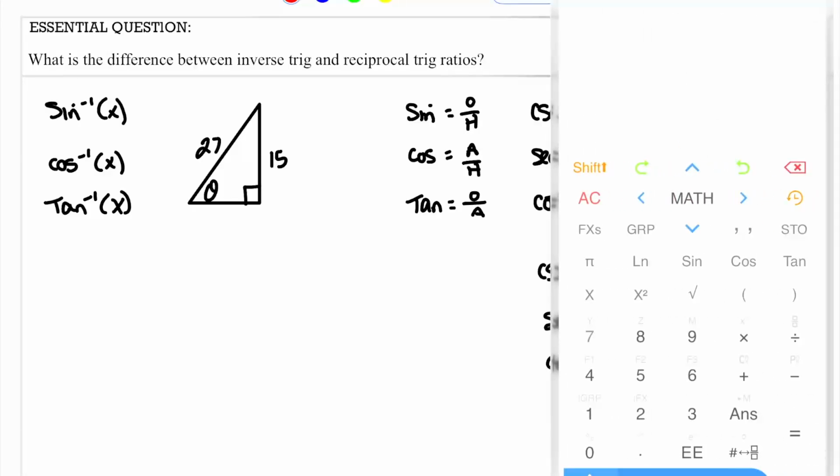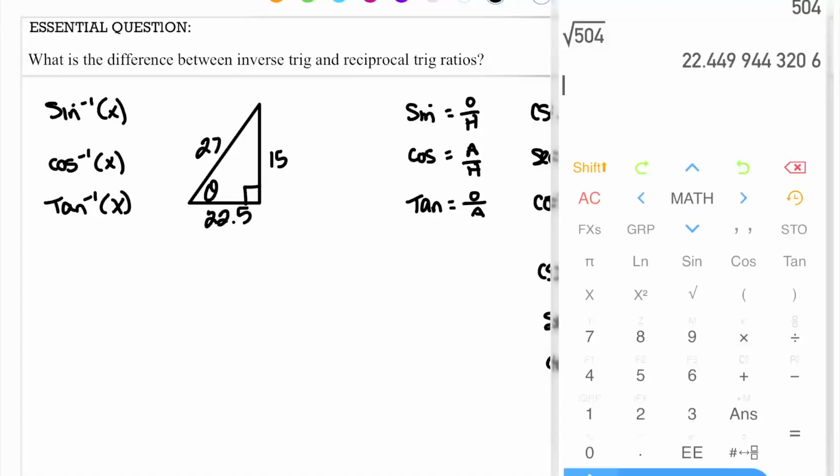We'll go 27 squared minus 15 squared equals 504. And so then we've got the square root of 504 gives us 22.5. So that would be the adjacent side.